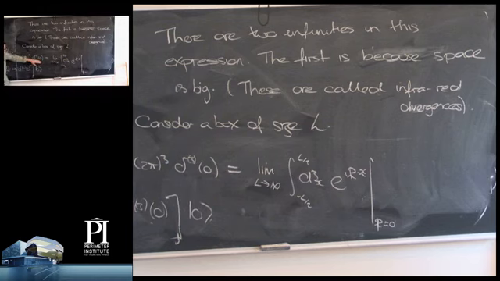So this infinite delta function is defined in the following way, where you take the size of the box to infinity. But if this is 1 because p is 0, then it's very clear what this is. This is just the size of the box.